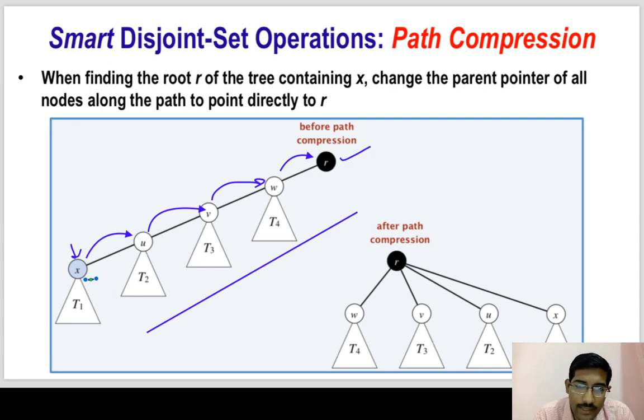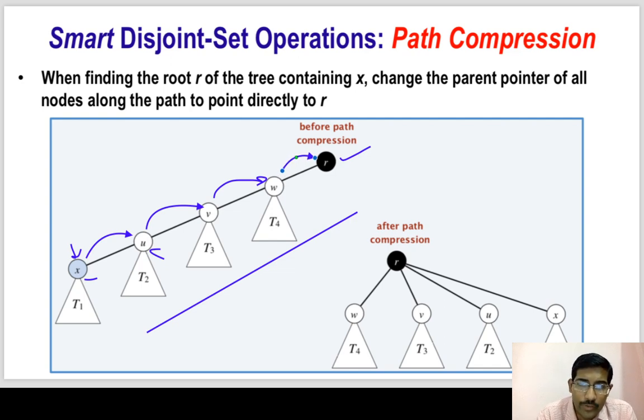Now you can see that if we have to make another call, let's say to find U, we redo all these steps. From U again, we go back to V, then to W, and then to R to finally declare the find set.